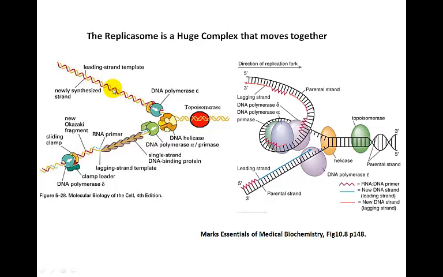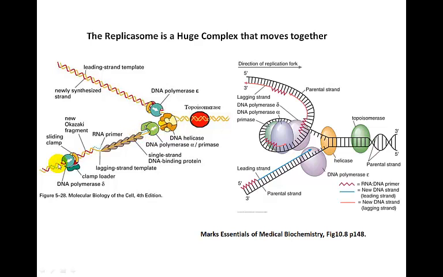And our leading strand is synthesized by DNA polymerase epsilon, and this is PCNA, this donut-looking thing that's holding epsilon on the leading strand. And then as we're opening up the replication fork, here's our topoisomerase that's relieving the supercoiling. Here's our DNA helicase and DNA polymerase alpha primase, so that makes our primer, and it makes the first few nucleotides of the DNA. Then it dissociates.